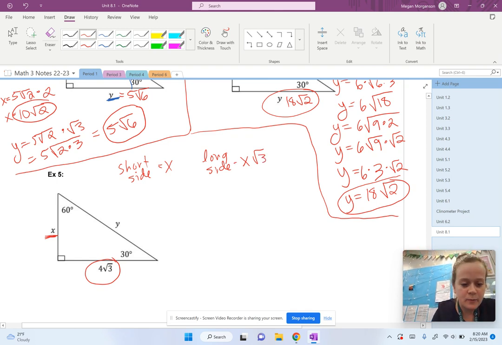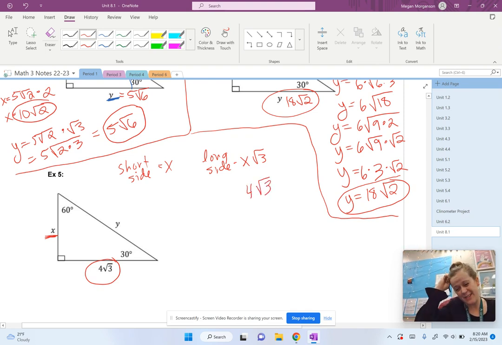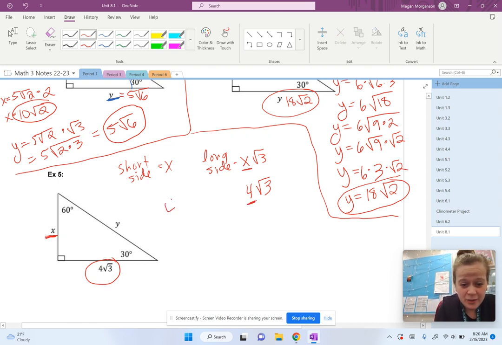Okay, if you look at this, when they give us the long side, they give us 4 root 3. It's written in a really nice form. So can you see that the number in front of root 3 should be x? So that means the short side is just 4.